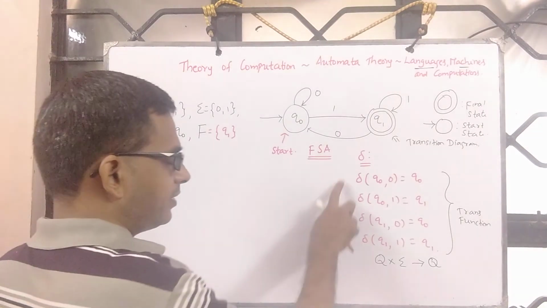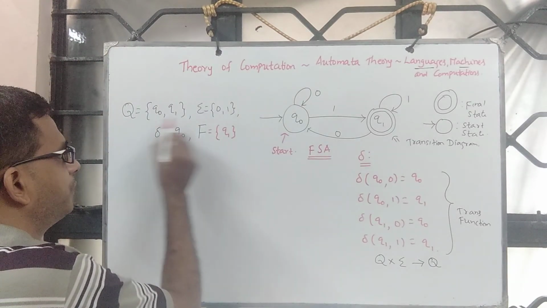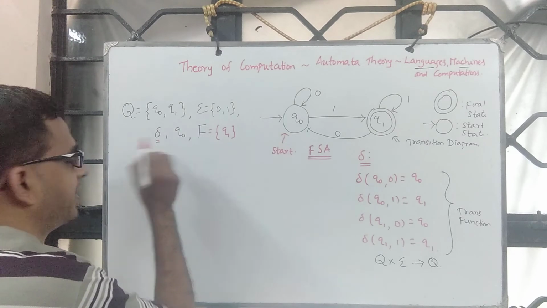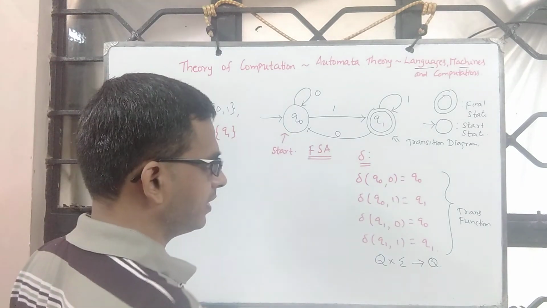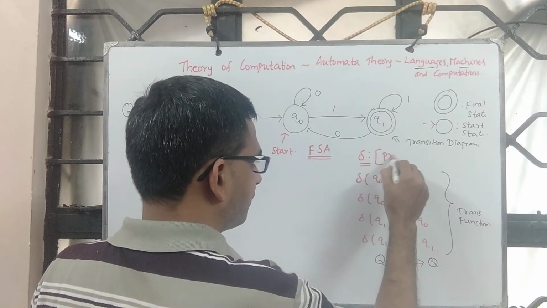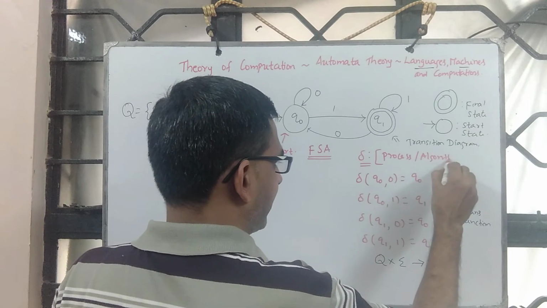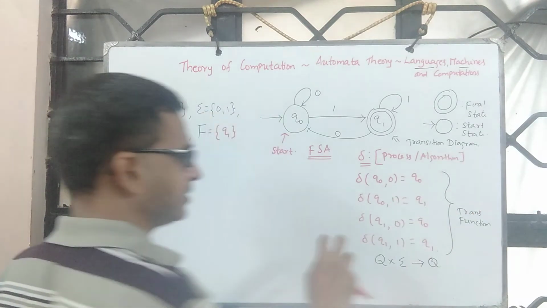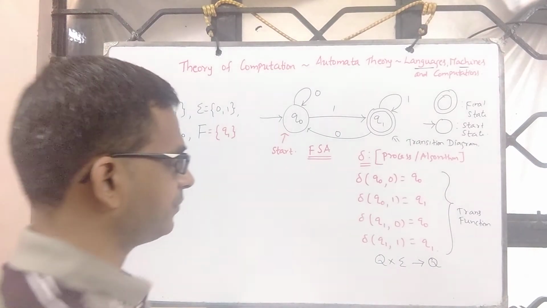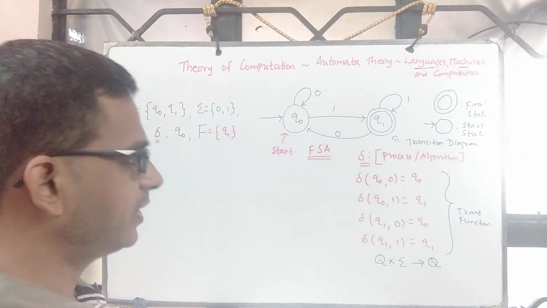So look at the transition function, and we have defined Q, sigma. Q naught is clear, F is clear. This part is what we have to pay attention to, because this describes the process or our algorithm. So the algorithm is precisely given by this, or put in other words, the logic is formally coded or encoded through this.